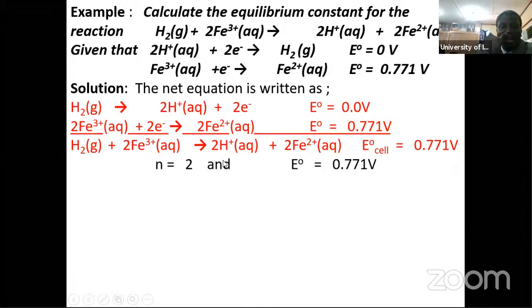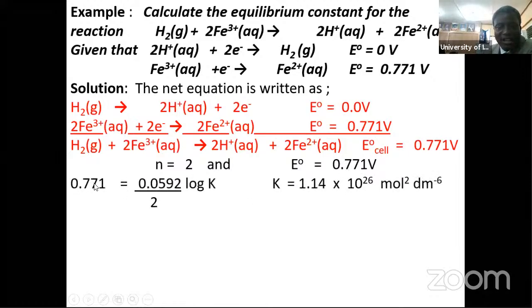But before then, if you look at this equation, how many electrons are involved? 2. You see, we have to nullify 2 electrons on both sides. So the number of electrons flowing is actually 2, which means your n in this case is 2. And your E naught cell is 0.771. So you just go ahead and substitute into that equation.